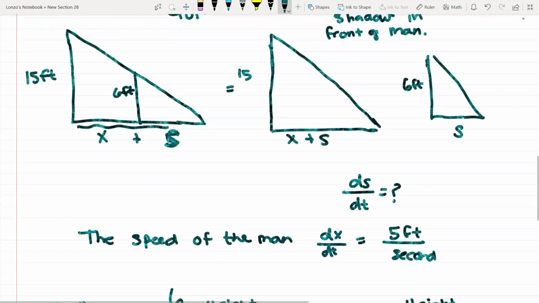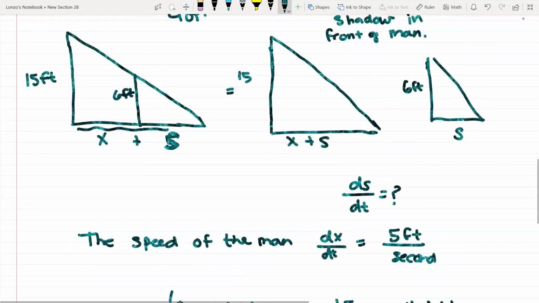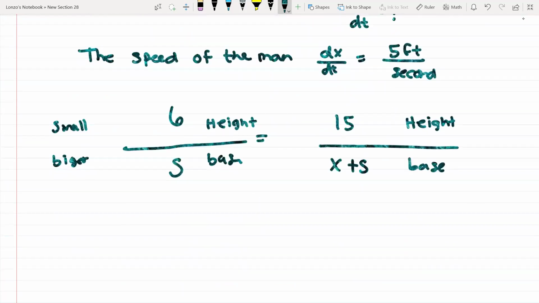In the bigger triangle, the height is 15 and the base is x plus s. If I cross multiply, I get 6 times (x plus s) equals 15 times s, which is 15s.